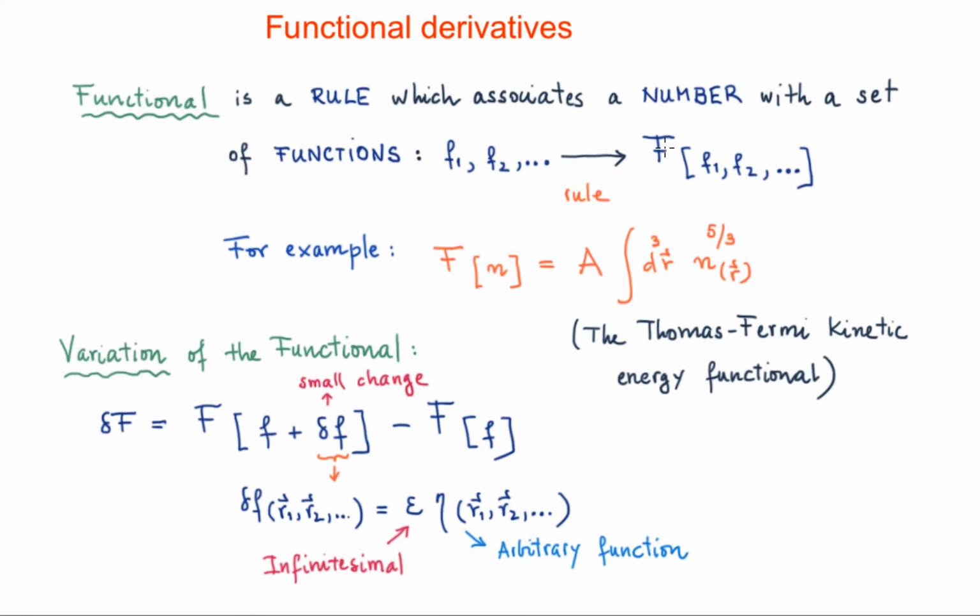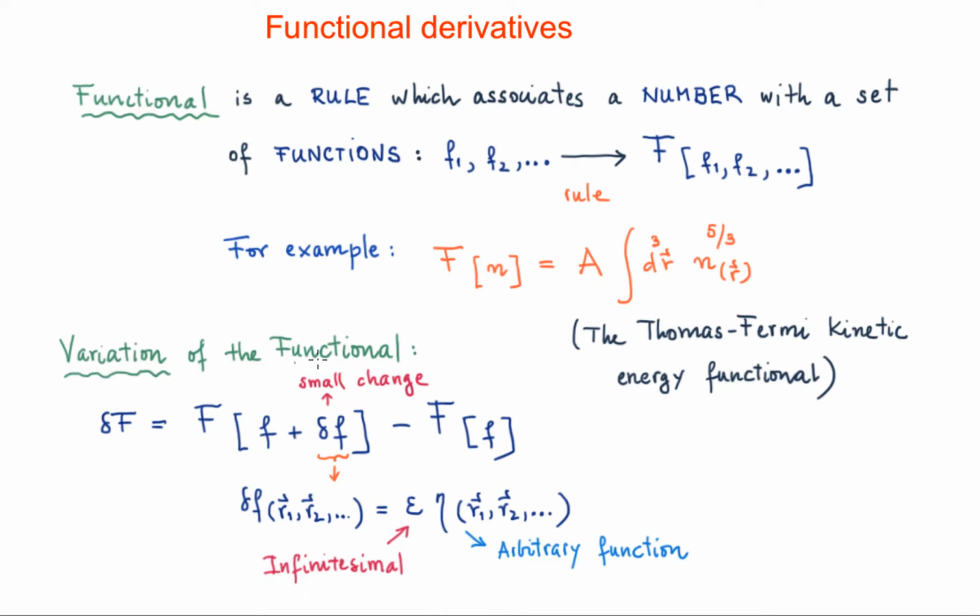Then, once we have this rule, which in this case just depends on one function, I will center the analysis on this kind of functionals that depend on just one function. We want to see what the variation of the functional is in order to calculate the functional derivatives.